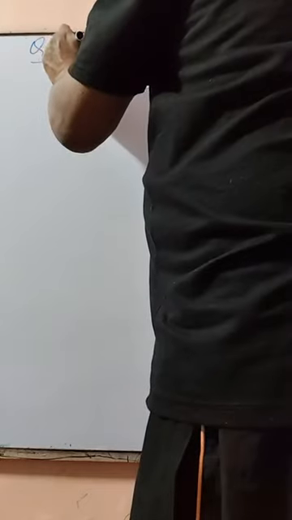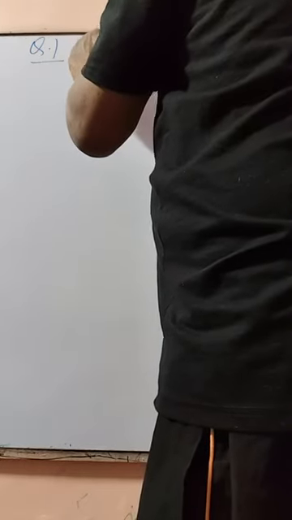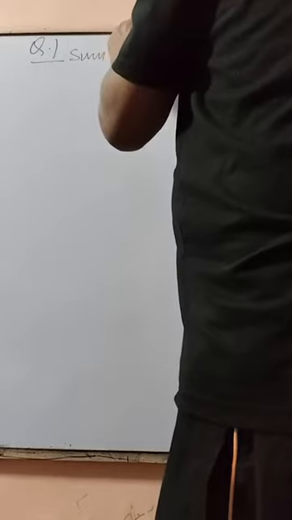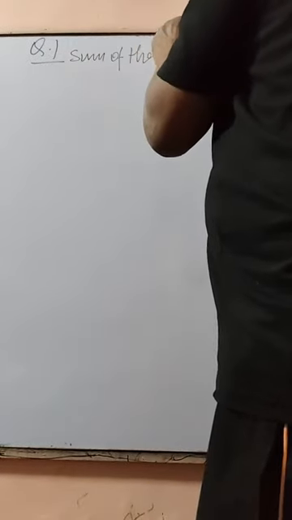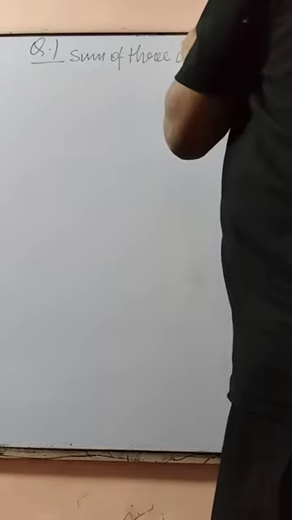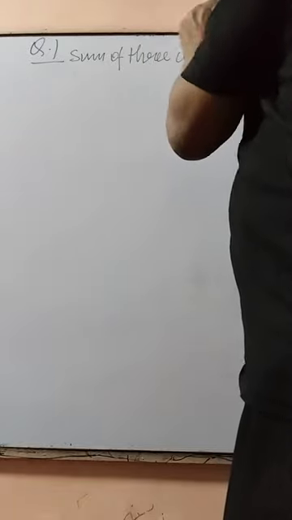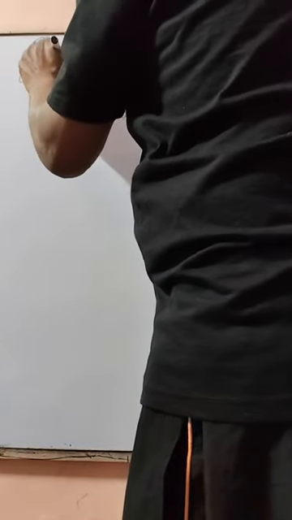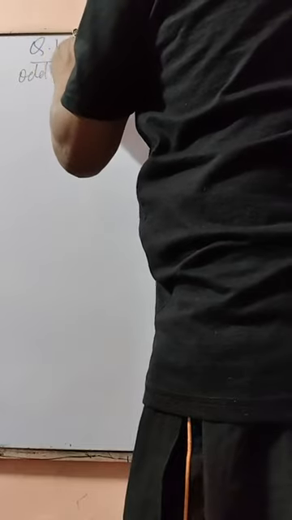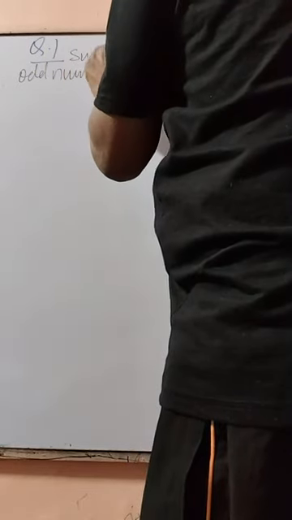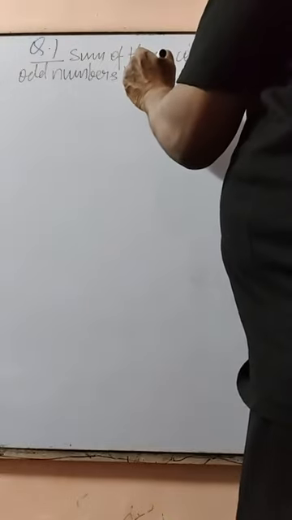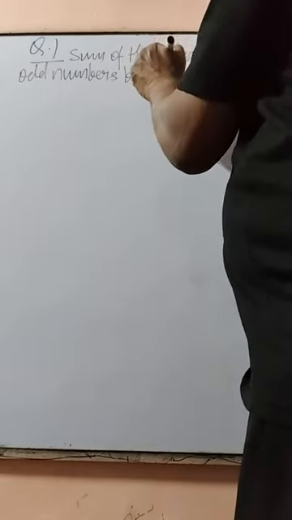The sum of 3 consecutive odd natural numbers is 87. So what are the 3 numbers?